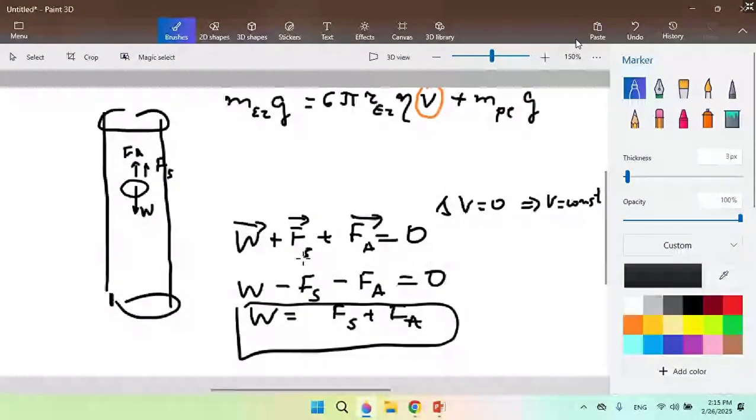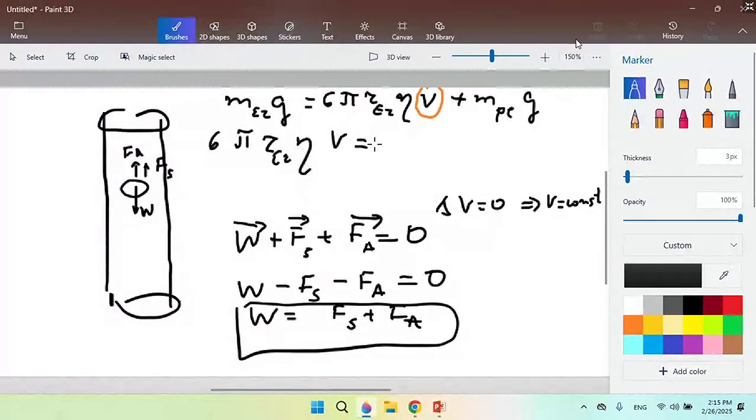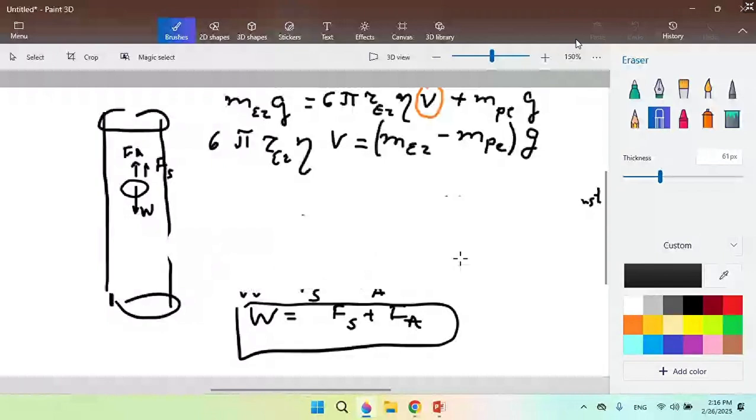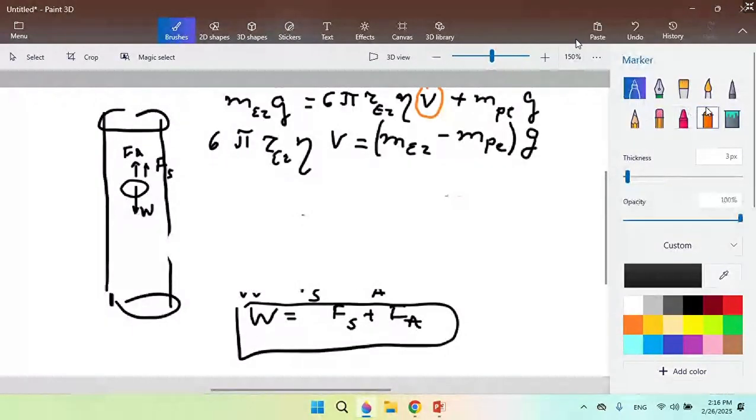So we've got 6 pi r erythrocyte eta v on the left-hand side minus this second term of the right-hand side, so g. So from here, let us find that settling velocity, our erythrocyte sedimentation rate.